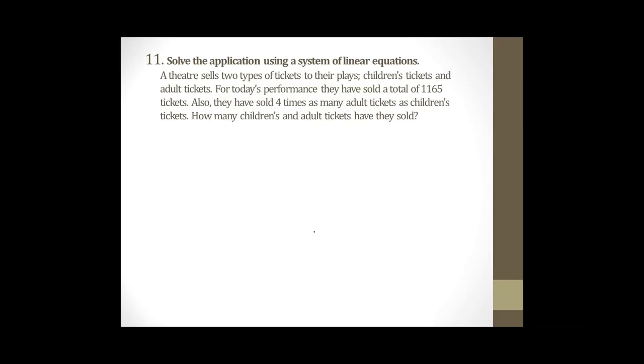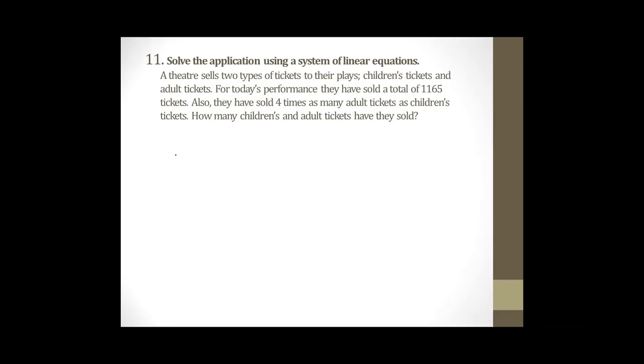All right, so knowing that we are dealing with systems of linear equations, we're going to have to come up with two equations. Look at the first sentence and read it again. It says that they have two types of tickets, children's and adults, and that these two types of tickets total 1,165.